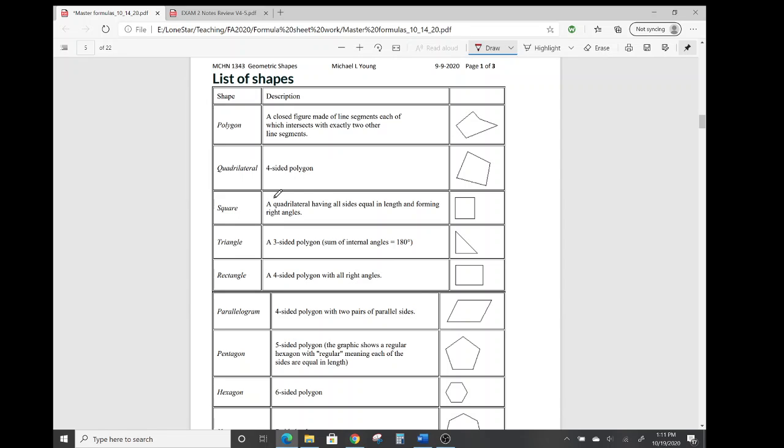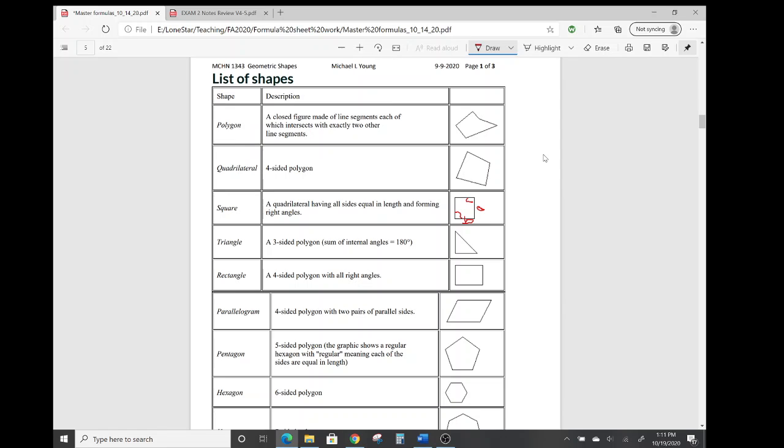Square, it's a quadrilateral having all sides equal in length and forming right angles. Okay, a square, right? So it means each one of these is a right angle, and side A equals side B. All right? Now this is two-dimensional, so we're doing two-dimensional polygons right now.